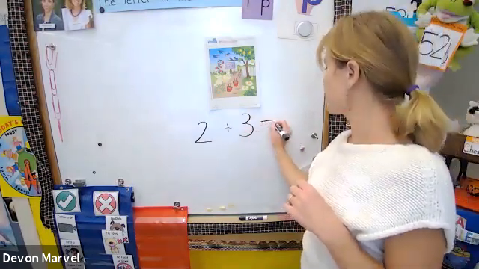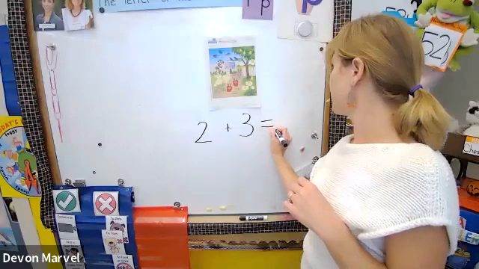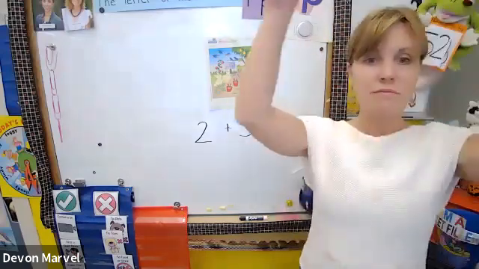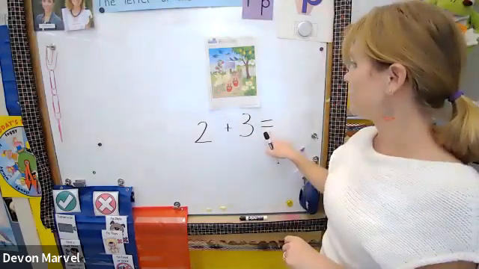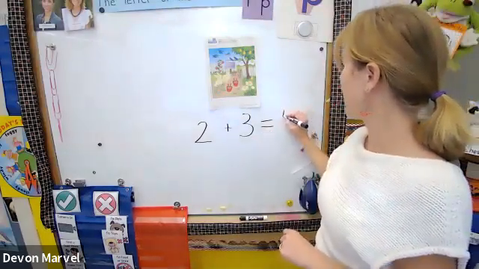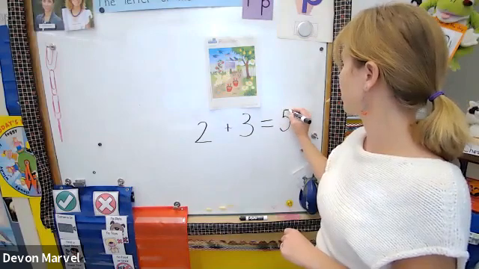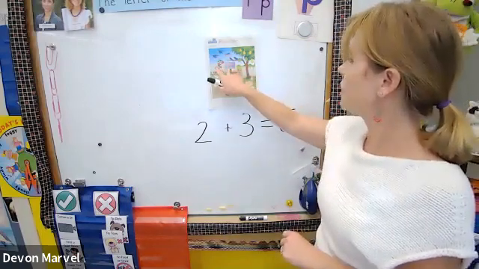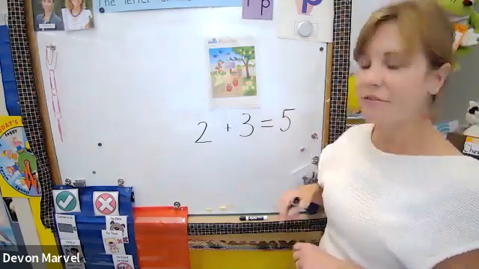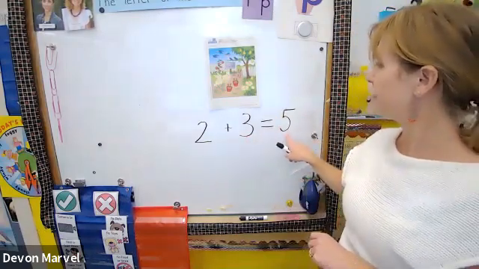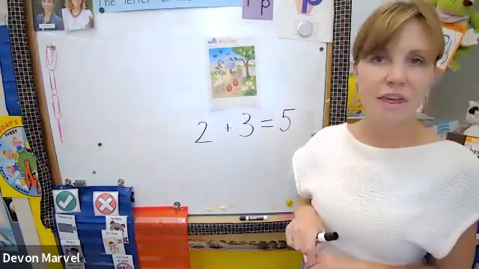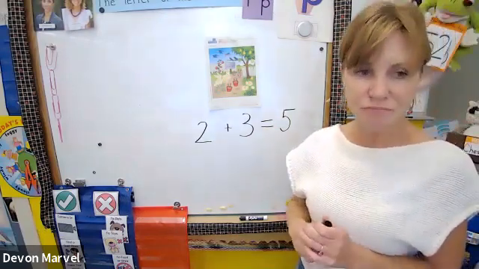And 2 plus 3 all together, right, equals 5. We'll double check that. 1, 2, 3, 4, 5. Yep, it's 5. So here it is. 2 plus 3 equals 5. And there you have your number sentence.